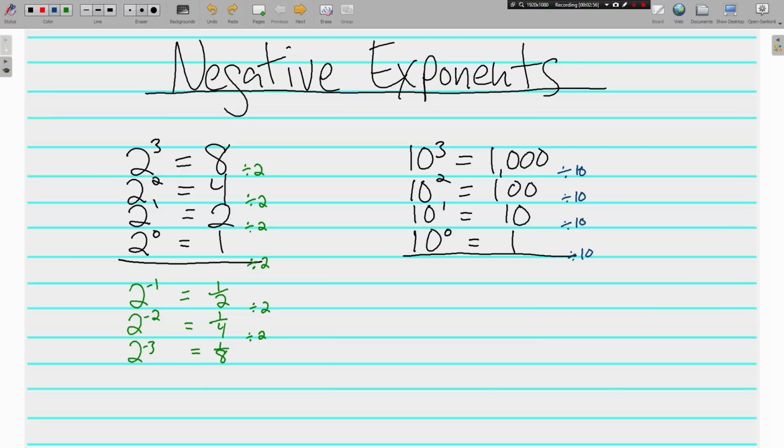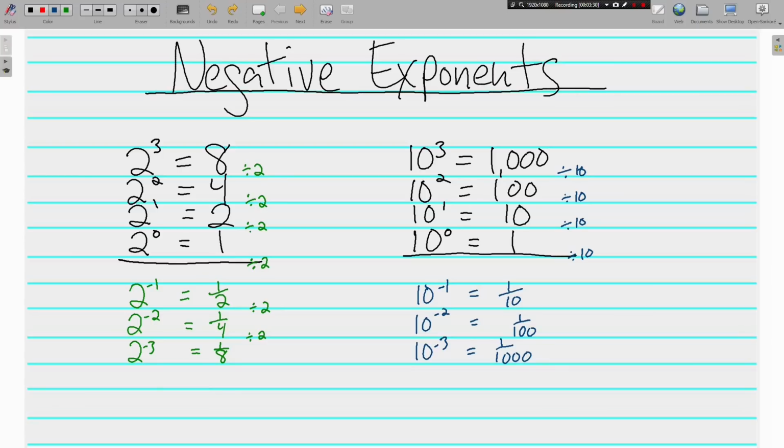And when we get down here, 1 divided by 10 is 1/10. 1/10 divided by 10 is 1/100th. And 10 to the negative third power is 1/1000th. Okay, so again, negative exponents do not mean negative answers. It means fractions. It means less than 1, but still greater than 0.